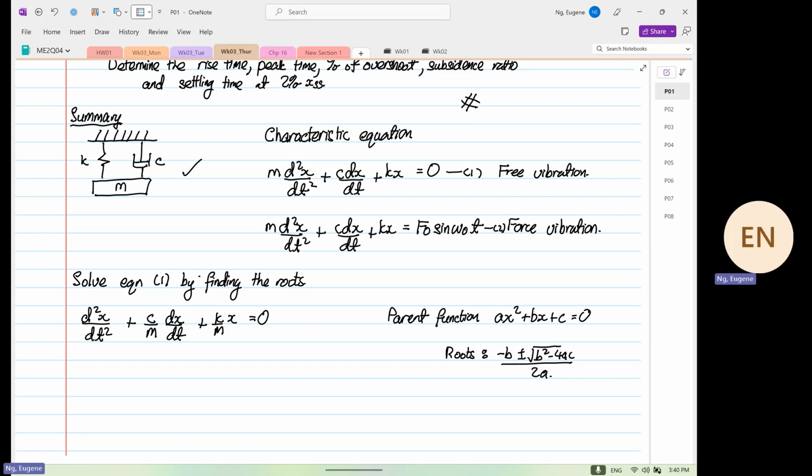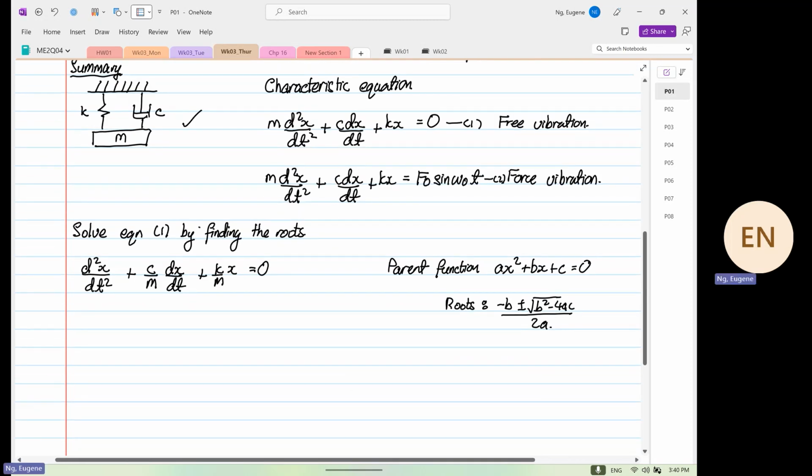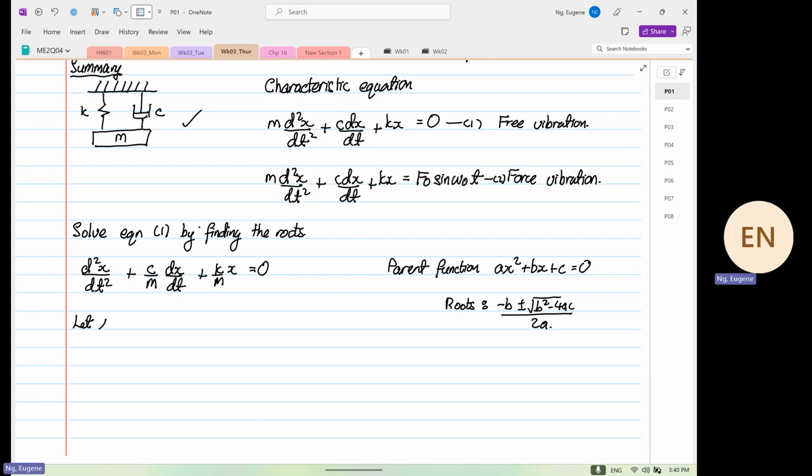Okay. So from here, I'm going to let lambda 1 and lambda 2 be the roots.